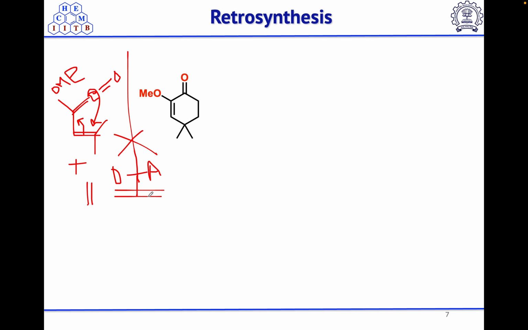If you see, the functional group present in this molecule is an alpha beta unsaturated carbonyl compound. One of the easiest ways to make this alpha beta unsaturated ketone is the aldol reaction. The aldol reaction is a very famous reaction to get alpha beta unsaturated ketones.